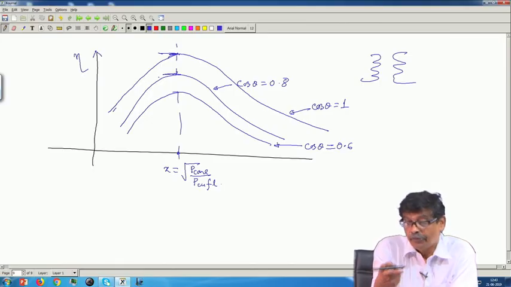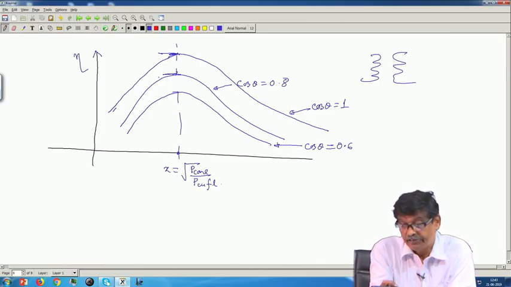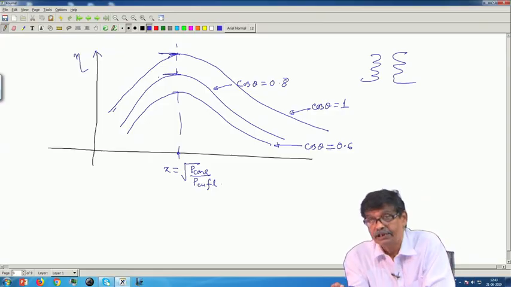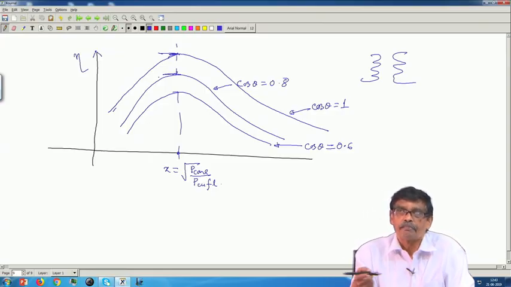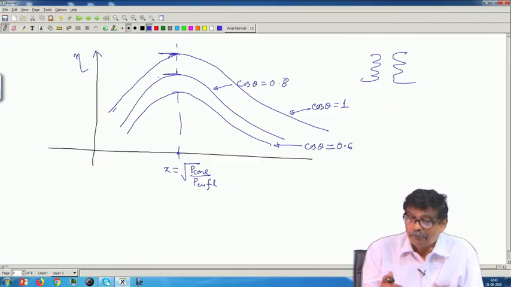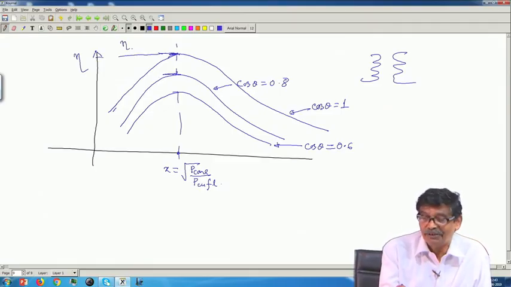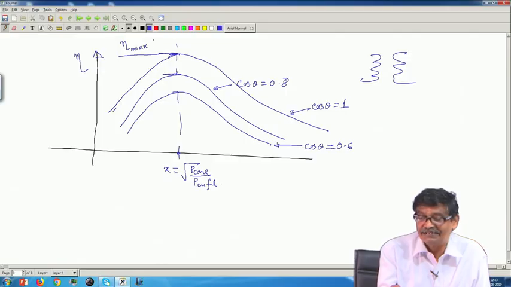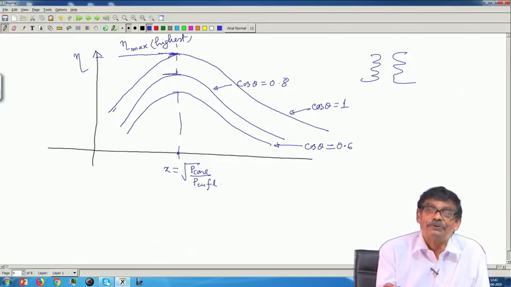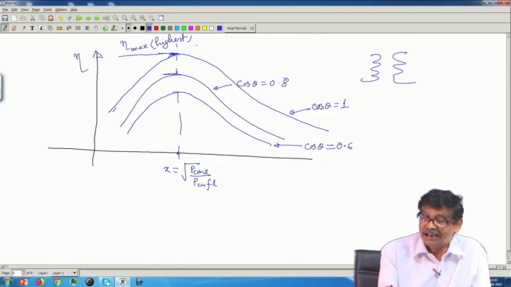But you can still operate the transformer at higher efficiency than this, provided your load is unity power factor. Got the point? This is the highest maximum efficiency possible, eta max highest. This is an interesting point to note, that it is at unity power factor.